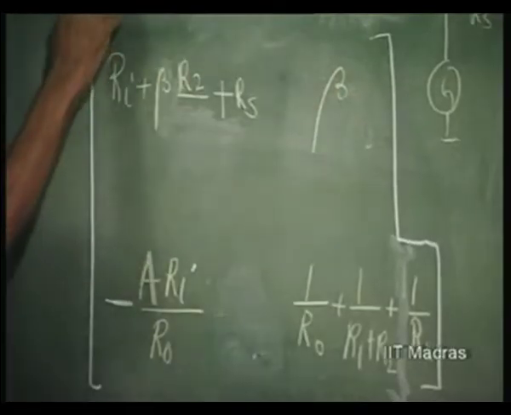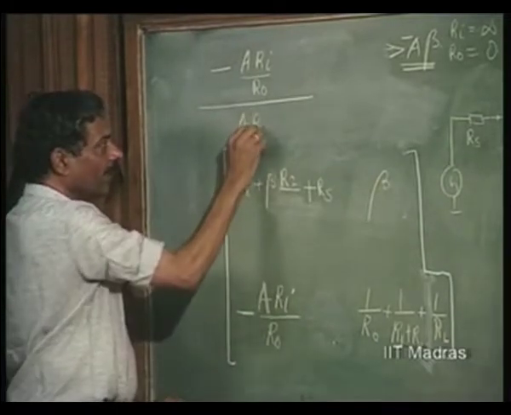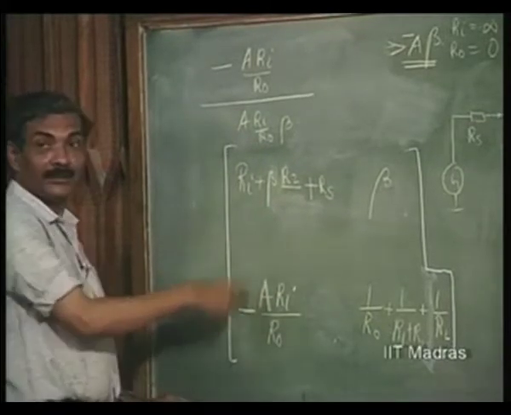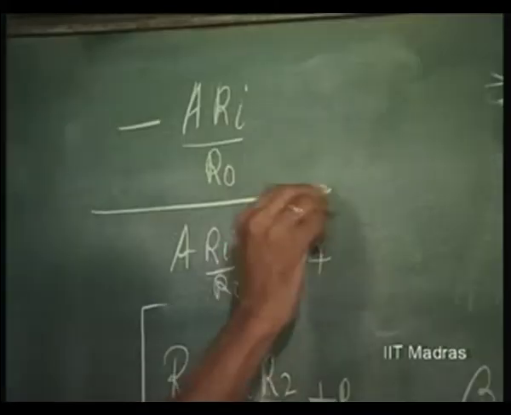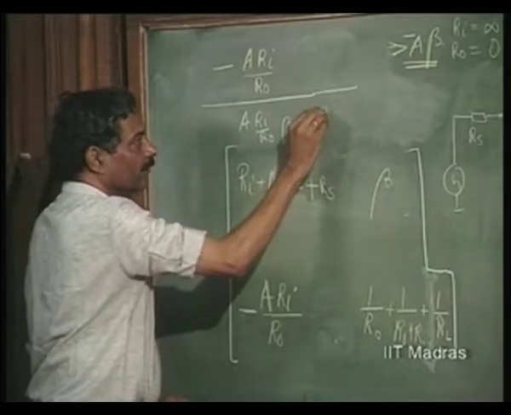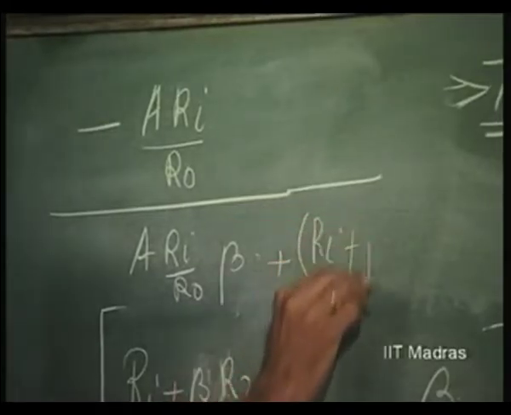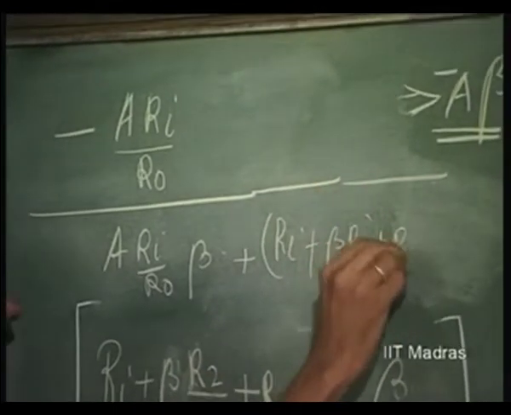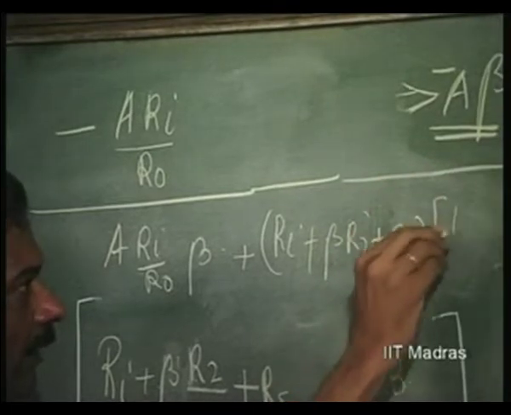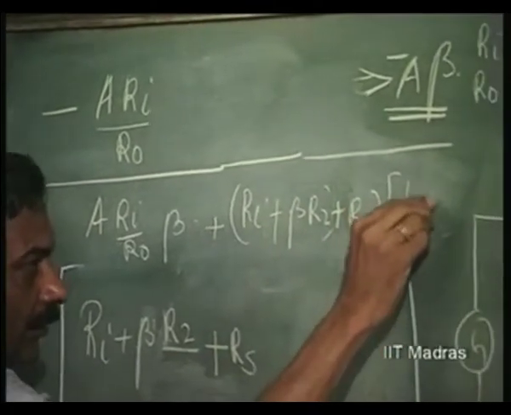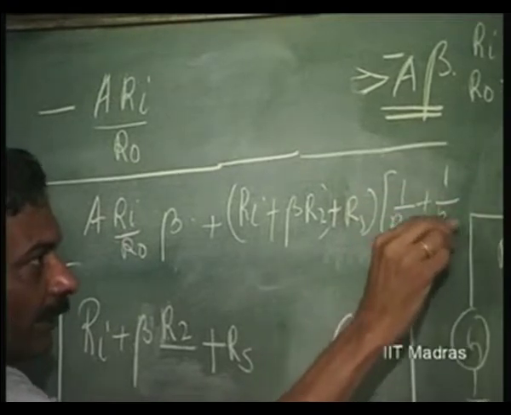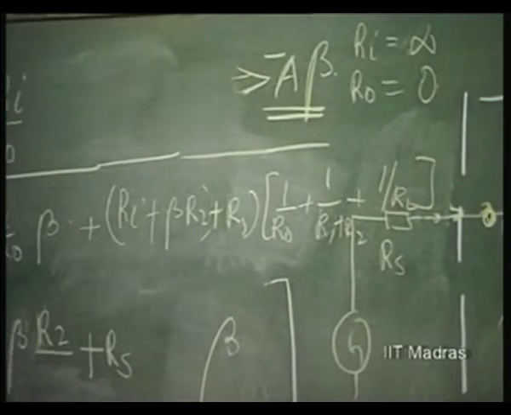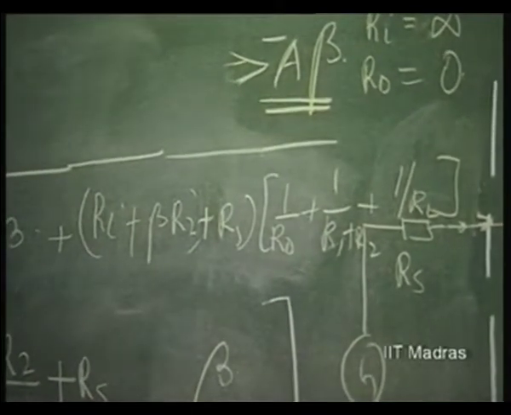So delta H has major part of it as A Ri by R naught into beta. This is infinite cubed, this plus this factor, right. Into 1 over R naught plus 1 over R1 plus R2 plus 1 over R. This is actually this is with plus, right.